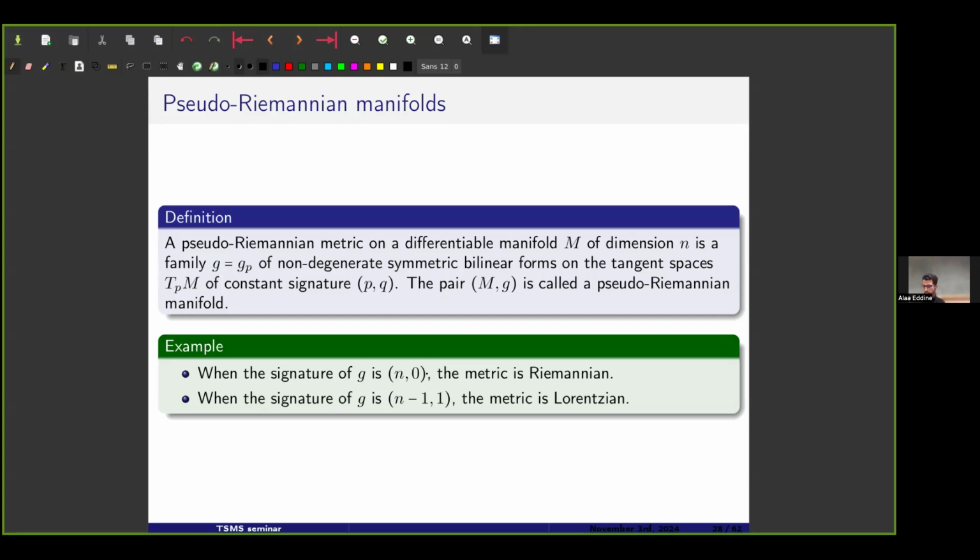If the signature is (n,0), so we have no negative eigenvalue, the metric is Riemannian. If the signature is (n-1,1), then we call the metric Lorentzian. Perhaps this definition is for semi-Riemannian manifolds, and pseudo-Riemannian is when q is not 0, so we are not in the Riemannian case, but since I am interested in this case, I will call everything pseudo-Riemannian when q is not 0.